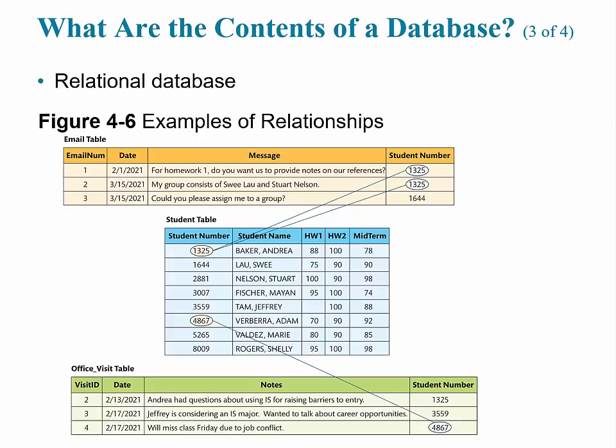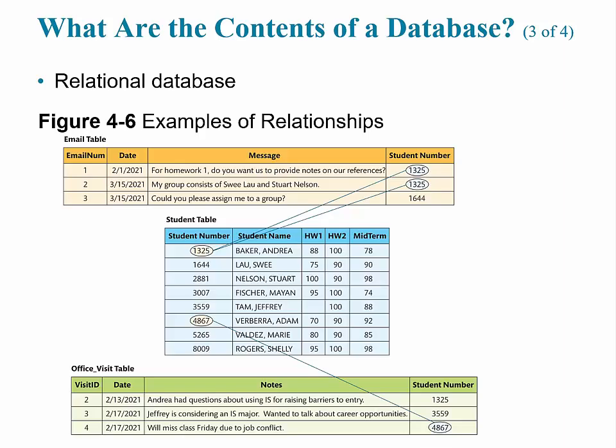So anyway, the student number is also located in the email table. If you look at it, right, student number is located in the email table, so that student number in the email table can link the email table and student table. Okay, so that's why we call it a foreign key. At the same time, student number is located in the office visit table, right? In the office visit table, we have student number in the fourth column. So that's coming from the student table as well.